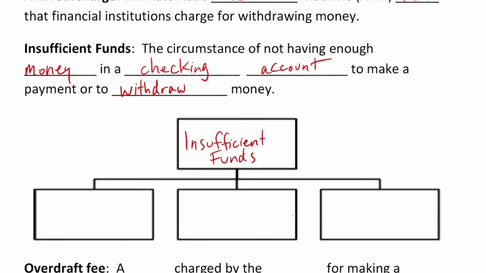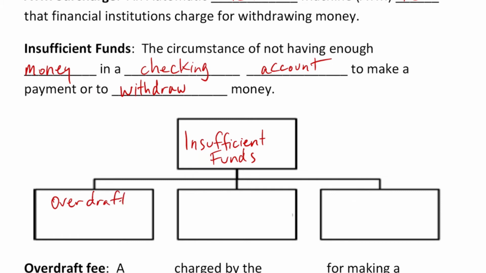With your bank, you can set up one of 3 different options to deal with an insufficient funds situation. Ideally, you're keeping track of your money and you're not going to run into this, but in reality, from time to time, it may happen, so it's good to have one of these 3 options set up on your account. The first is what's called overdraft protection.